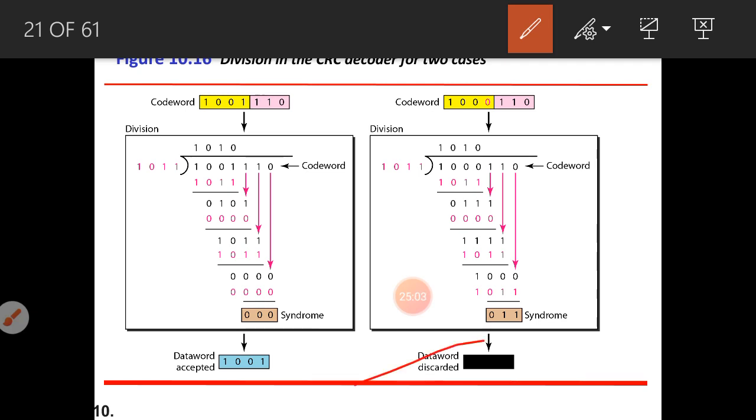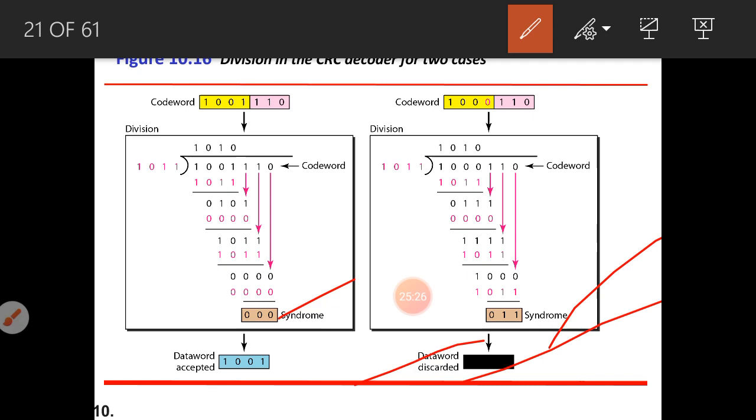So these are the two possibilities. Here also we perform the same division operation as on the encoder side, but there are two conditions. Whenever we receive the correct data word, the syndrome value is 0. If the code word has been modified, the syndrome value is non-zero and the data word is discarded.